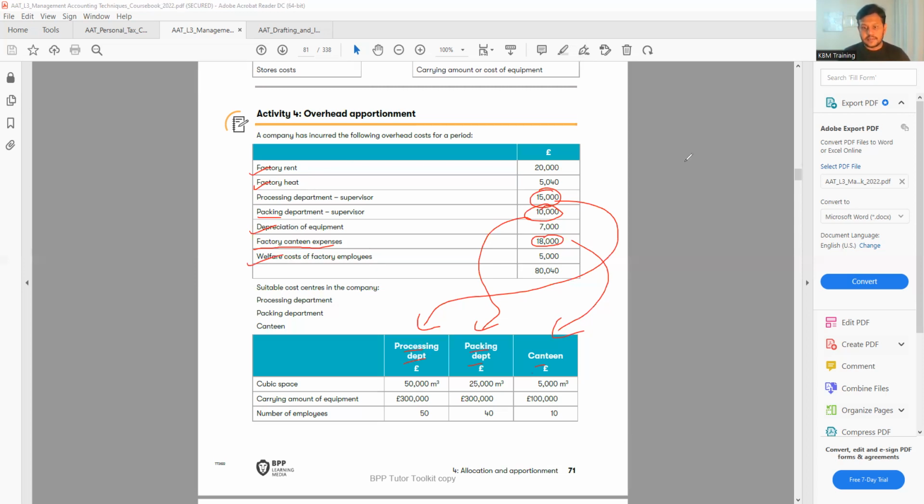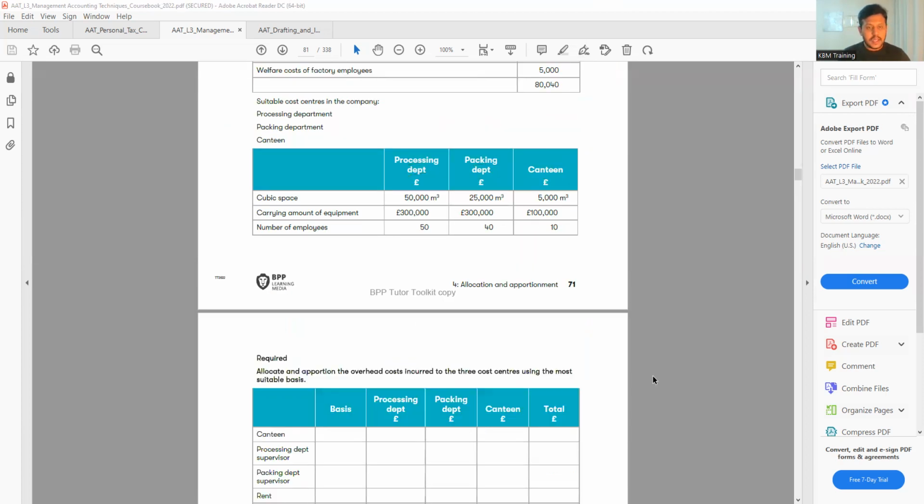Okay, let's have a look. What else do we have? We have some information about the square meters. The floor space for the processing department is 50, packing uses 25, and the canteen uses 5. So you add all of this, 50 plus 25 plus 5, which is 80,000 square meters. You divide by 80,000 and multiply by each department's figure to allocate the rent and rates.